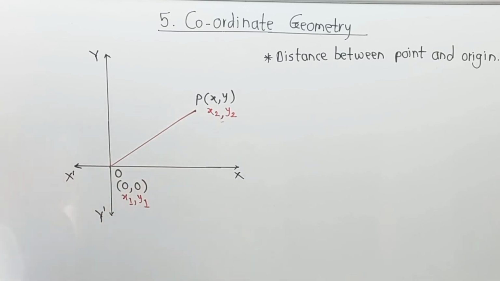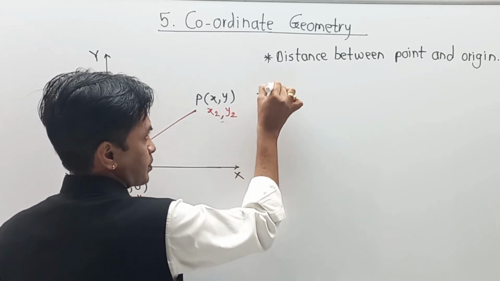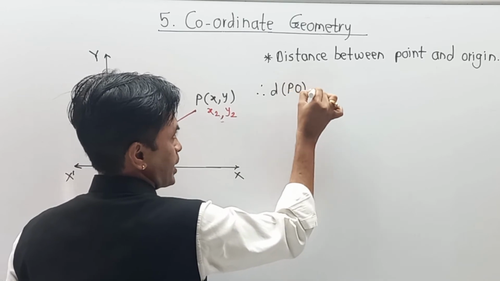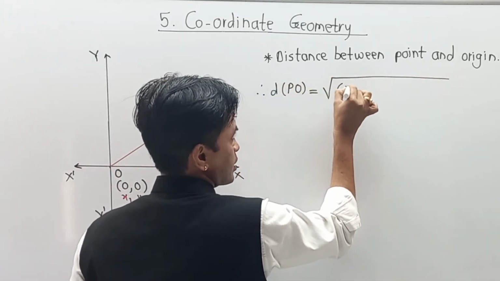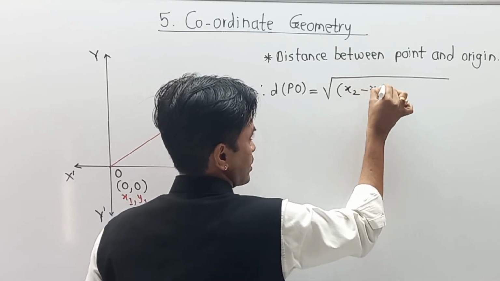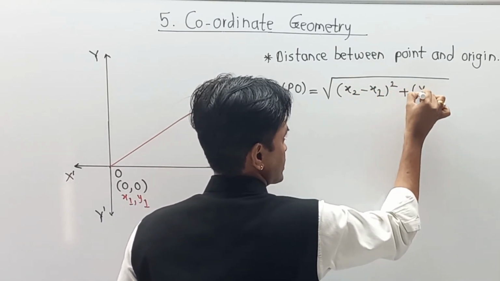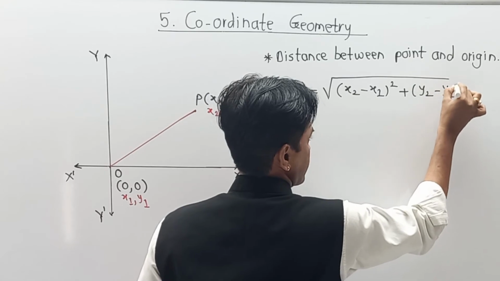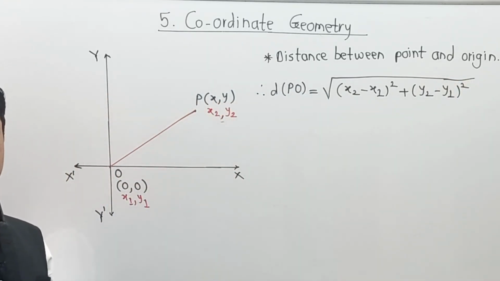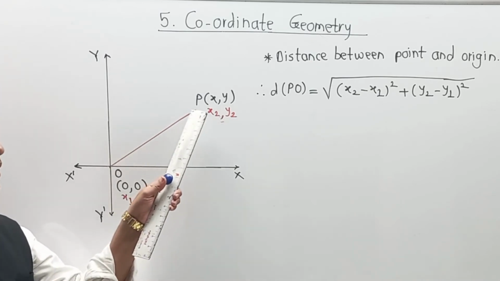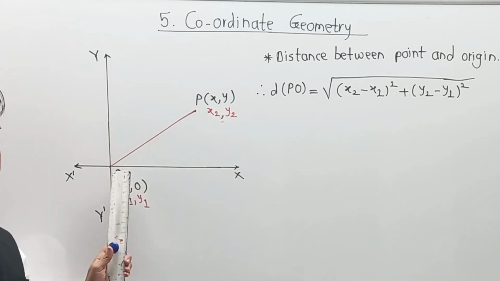Therefore, distance PO by distance formula becomes under root of x2 minus x1 bracket square plus y2 minus y1 bracket square, and in this way we use the distance formula to calculate the distance between a particular point and the origin.